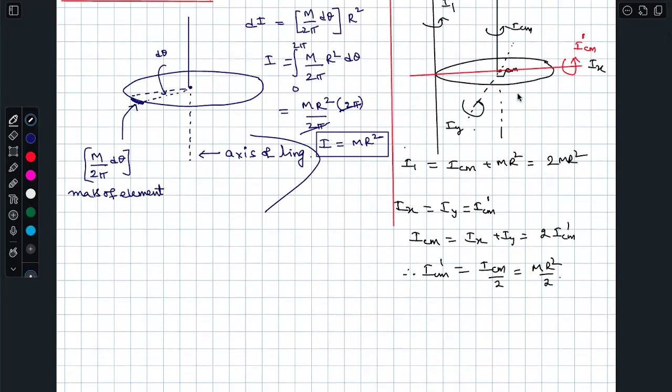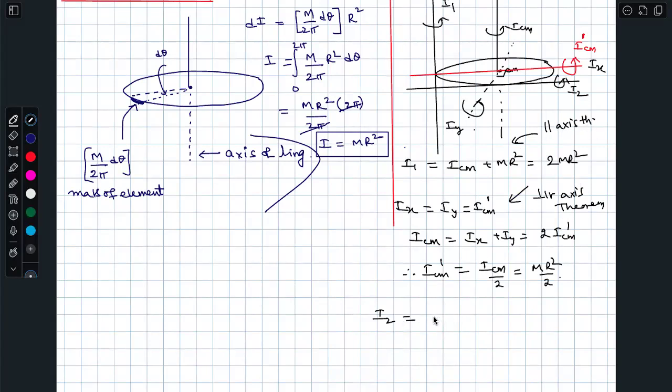Now you know ICM dash. You can find about this axis now. Let this be I2. Okay, what is I2? I2 is parallel axis theorem again. What I have applied here is perpendicular axis theorem. What I have applied here is parallel axis theorem.